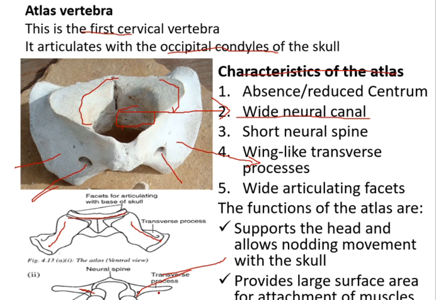Transverse process here, as you can see, they are wing-like to increase surface area for attachment of muscles. Then a reduced neural spine here for attachment of muscles. Then at the center we have neural canal for passage of spinal cord.